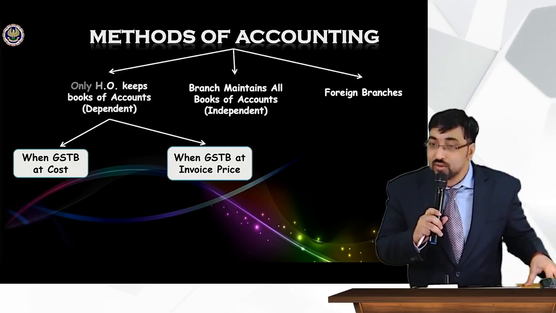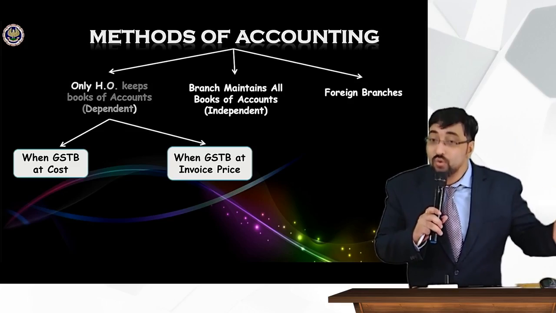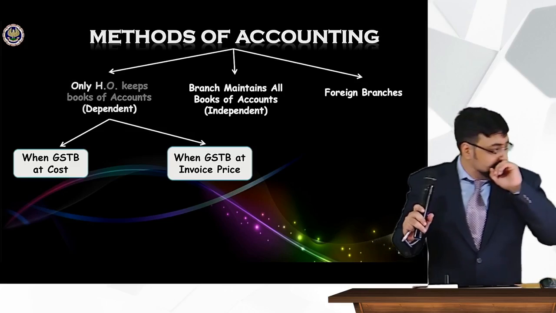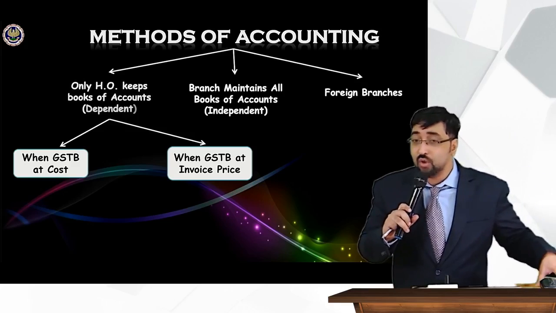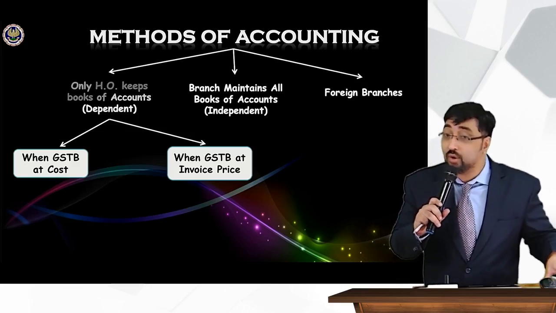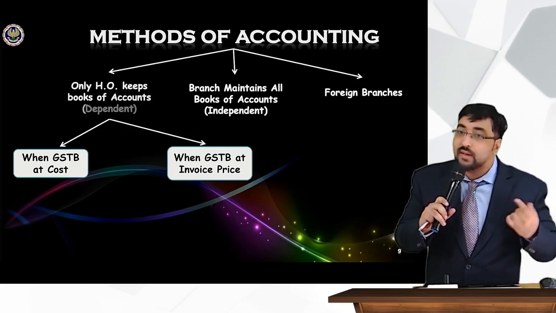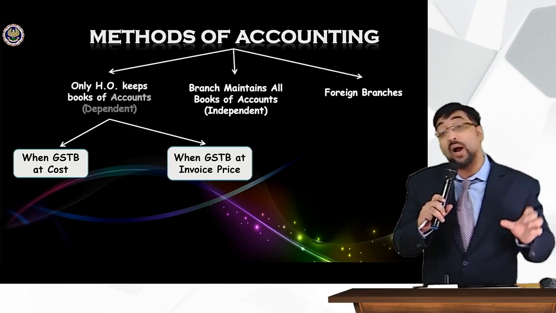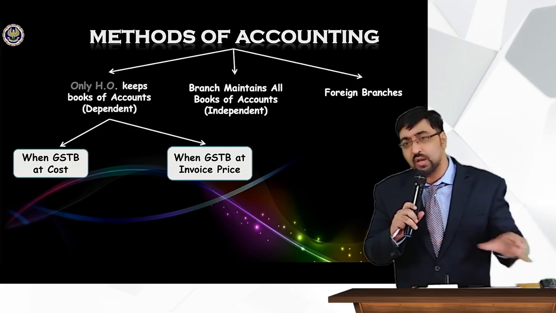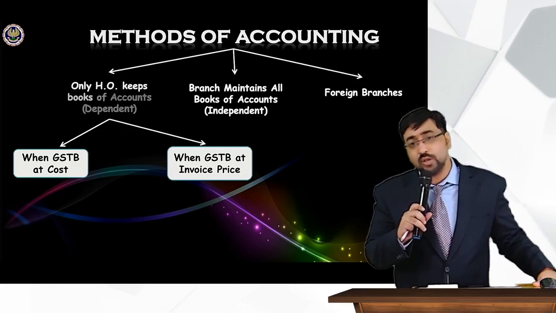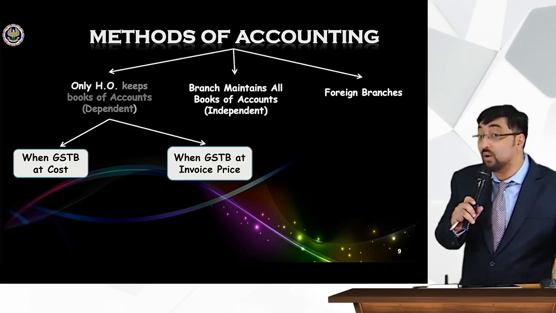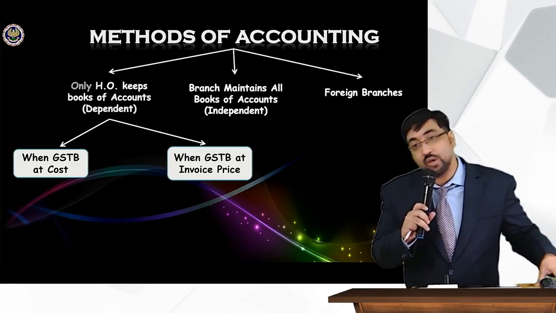If goods costing rupees 100 are sent to the branch at rupees 120, then closing stock will be recorded at invoice price and unrealized profit will be cancelled. Such accounting hides the profit from the branch manager, and records books at invoice price, at selling price, which is also simple, and therefore goods are also sent at invoice price.